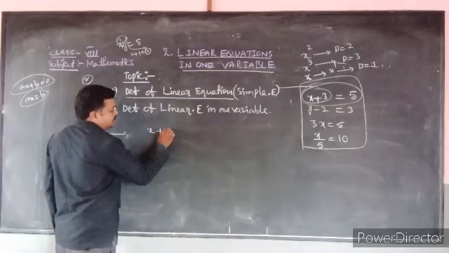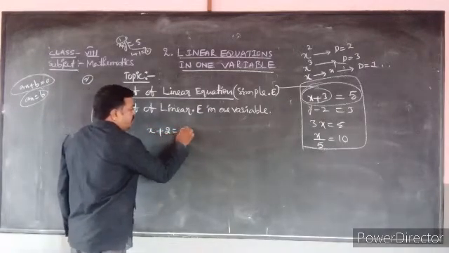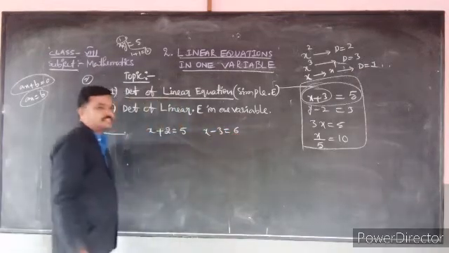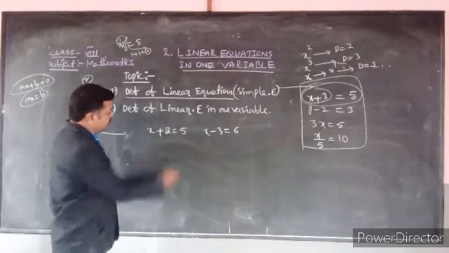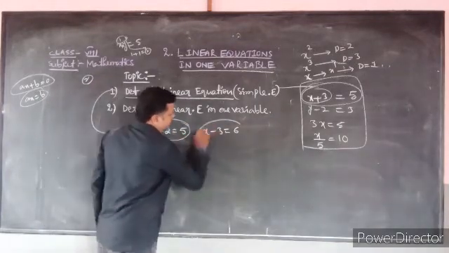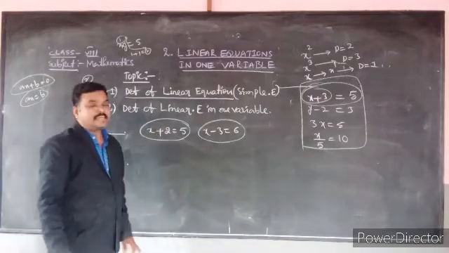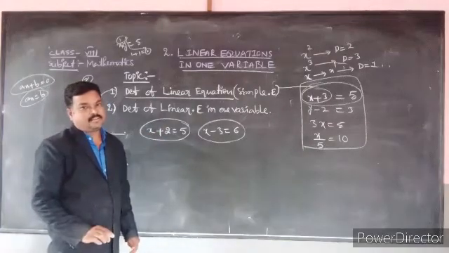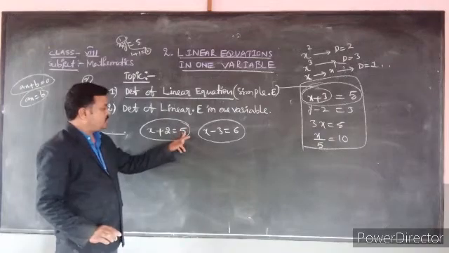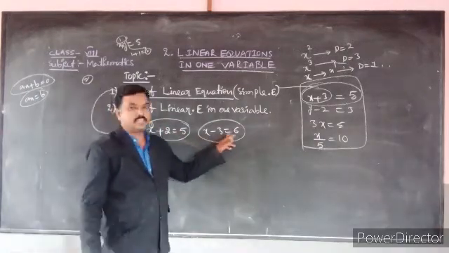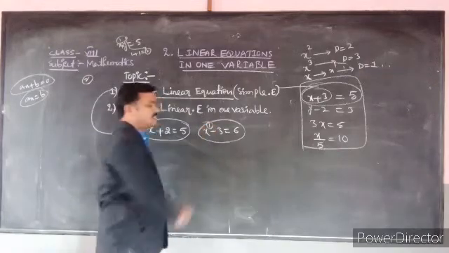x plus 2 is equal to 5, x minus 3 is equal to 6. Observe these two examples. First we have to observe whether the given equations are linear equations or not. x plus 2 is equal to 5, highest degree is 1. x minus 3 is equal to 6, highest degree is 1.